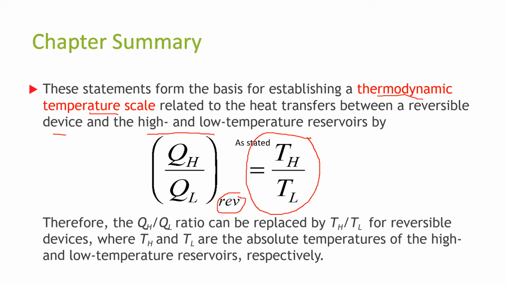Therefore, the QH and QL ratio can be replaced by the TH and TL ratio. This is only for reversible devices, where TH and TL are the absolute temperatures of the high and low temperature reservoirs respectively.